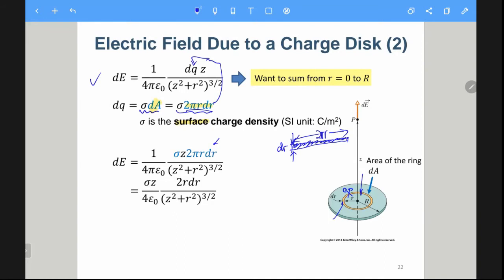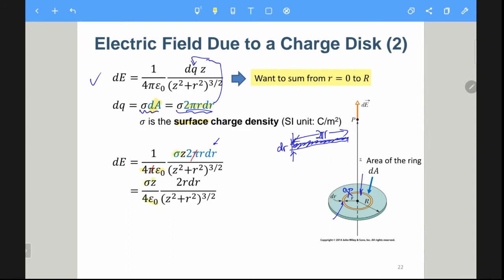And we can gather some of the variables. We can simply cancel this 2 and 4, cancel this pi and pi. Or maybe we can just keep this 2 and 4. So here we have a 4 epsilon naught, sigma here, z here.